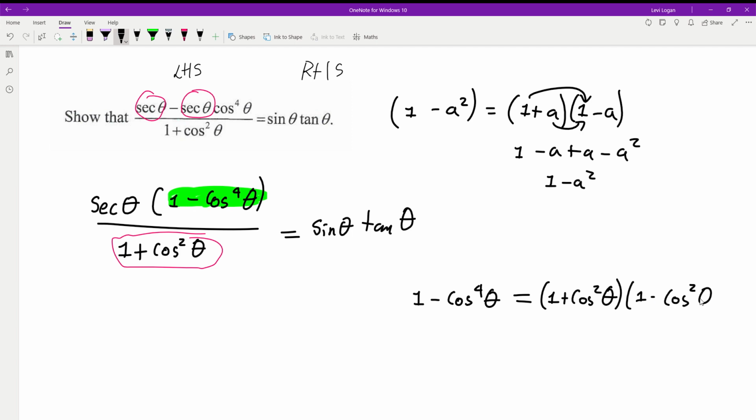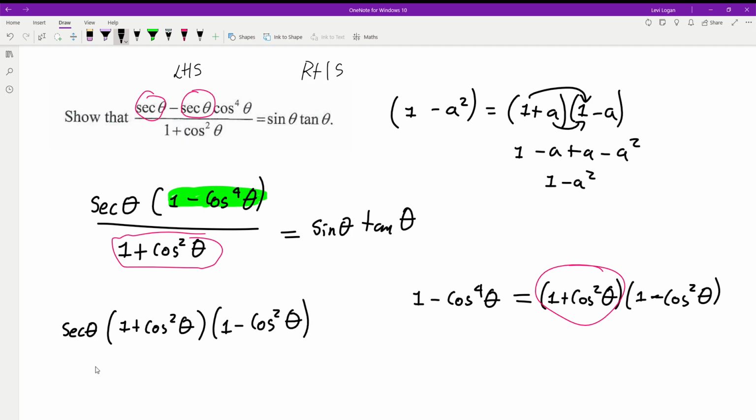Now the reason why that's useful to us is because, for starters, you can recognize this term and this term right here. So if we were to substitute that in, we'd have sec theta multiplied by 1 plus cos squared theta multiplied by 1 minus cos squared theta, all over 1 plus cos squared theta.